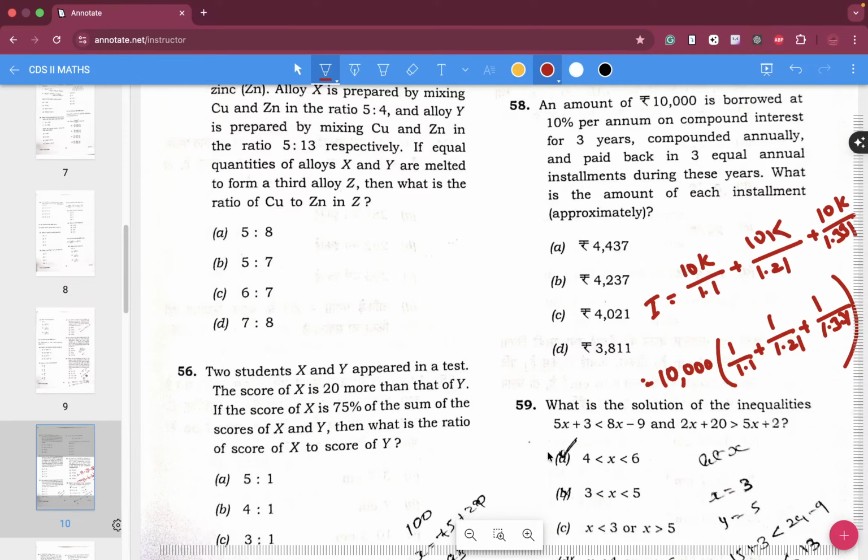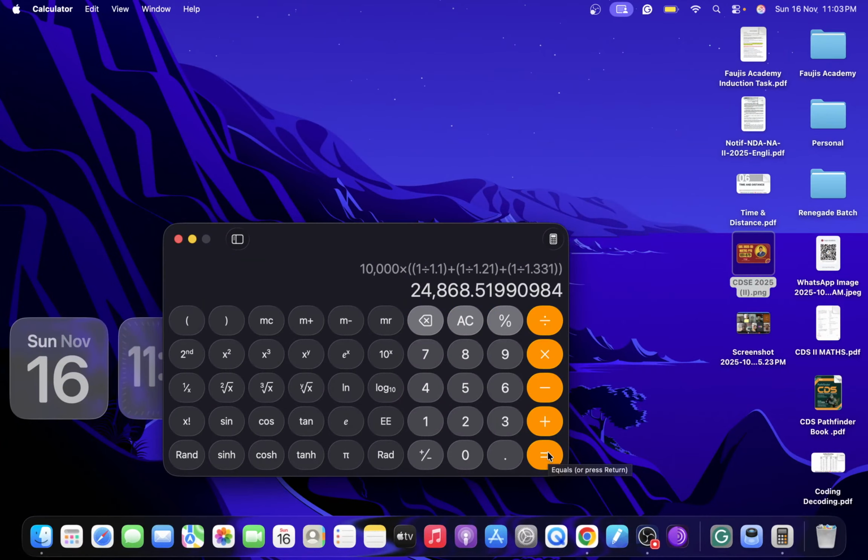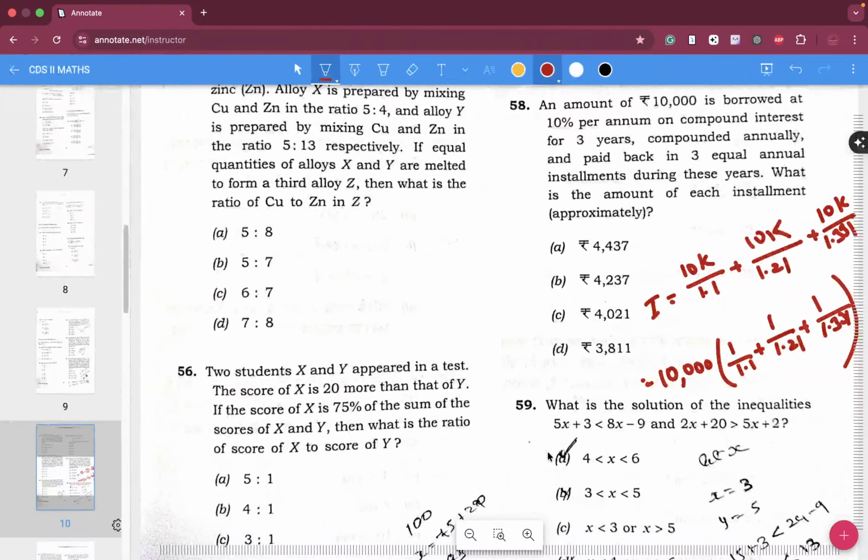Did you do any calculation? 1 divided by 1.21, and over here plus 1 divided by 1.331. Okay, so hold on for a moment.